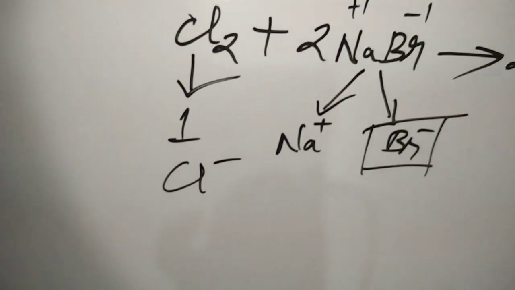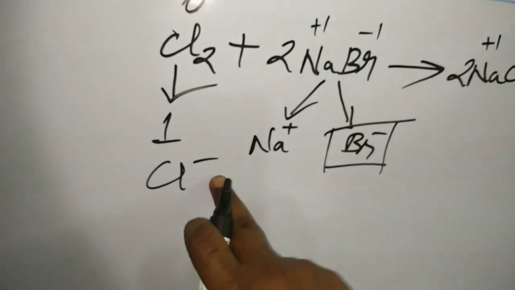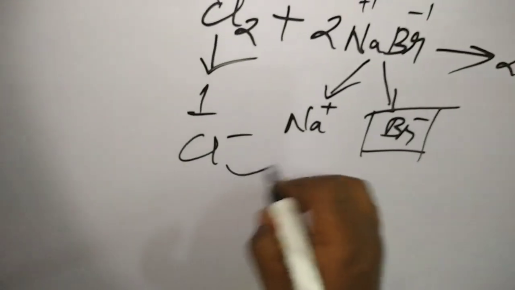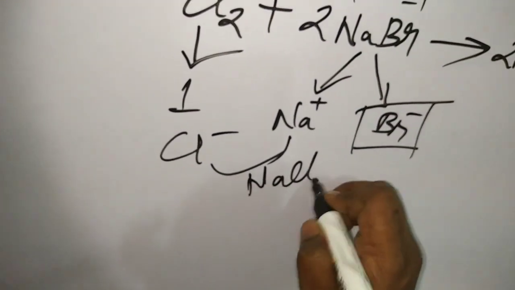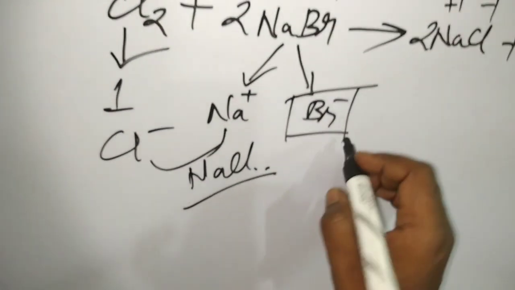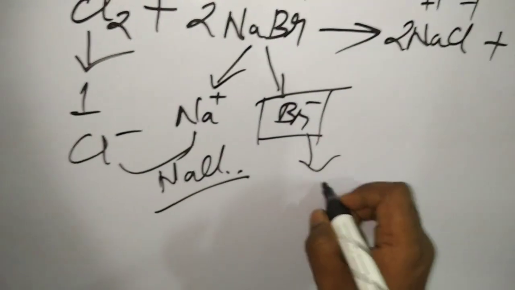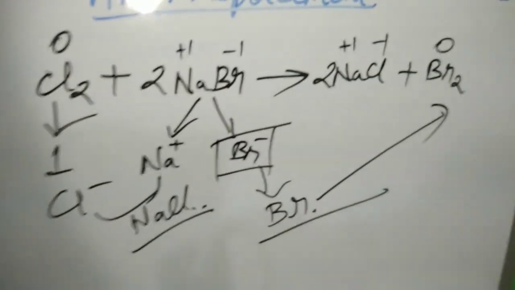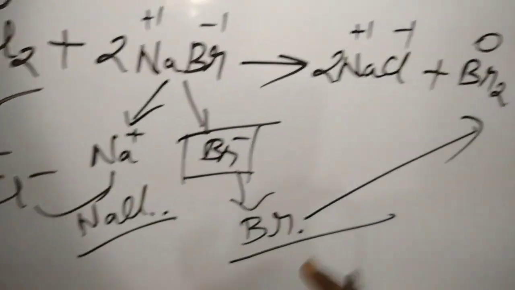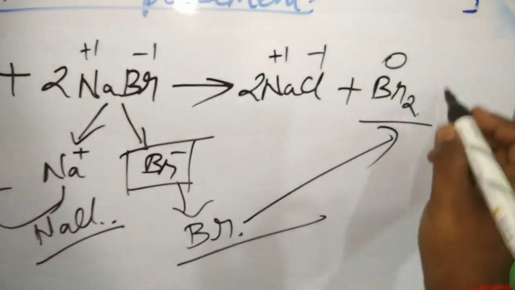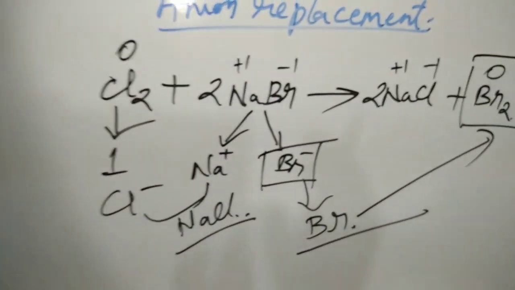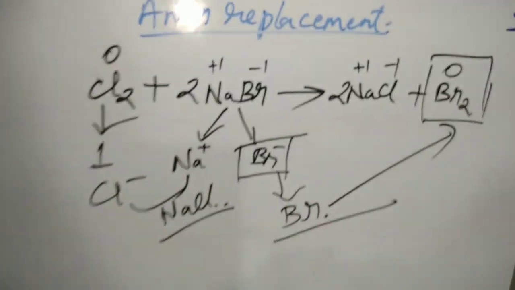Yes students, and this Cl- is only reacting with Na+ to form NaCl. Yes, and since bromine is releasing one electron, it will form Br. Okay students, understand? Br, then only it will form the molecule Br2. Understand how the anion replacement takes place?